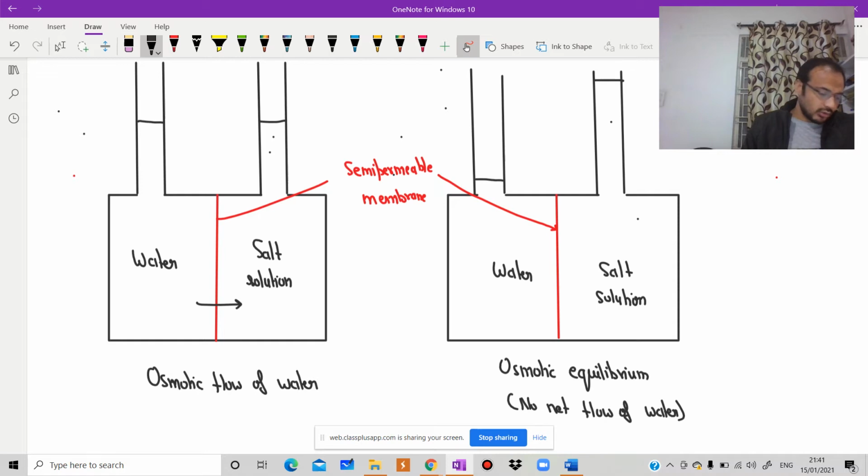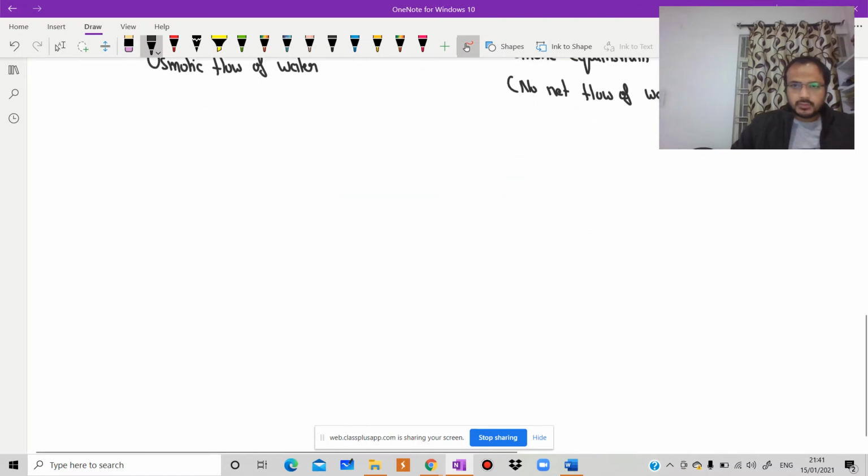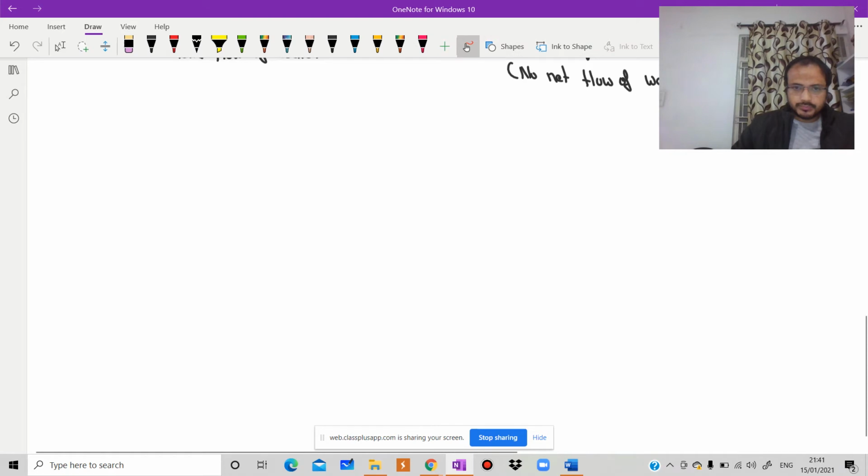Draw both these diagrams. Now we will apply pressure at this side. Then what will happen? A third diagram will be there.